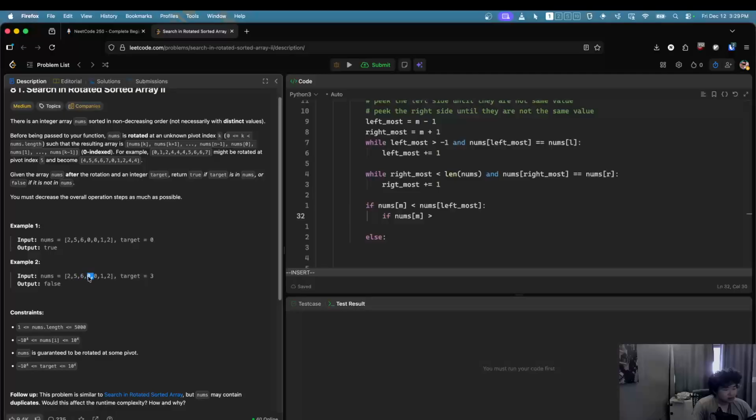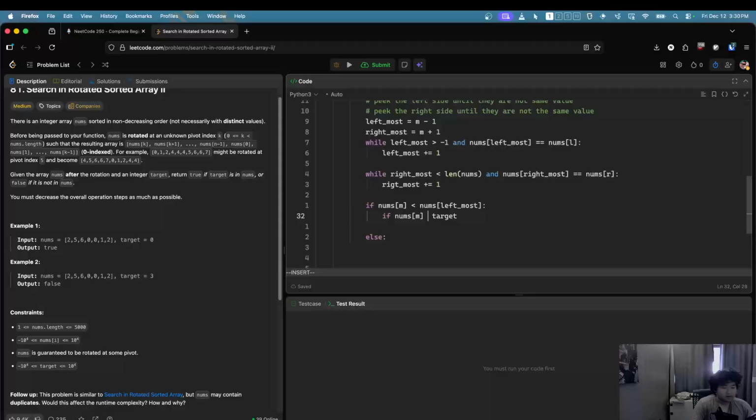We said that, okay, now where do we need to go? The target is, okay, if the nums of m is greater than target, right? Or nums of L. Okay. Where do I pivot? So if nums of m is greater than target, okay, that's literally not possible.